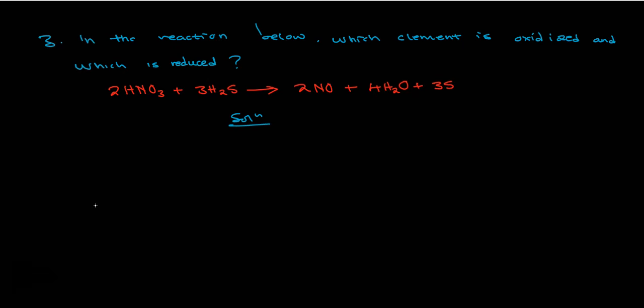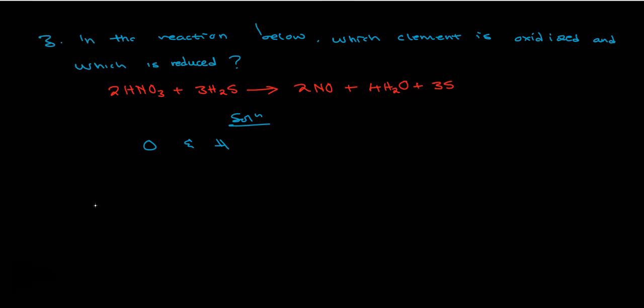So when you are asked this kind of question, you have to find the element which is oxidized and which one is reduced. What you need to know is that they are asking about elements in the equation apart from oxygen and hydrogen.